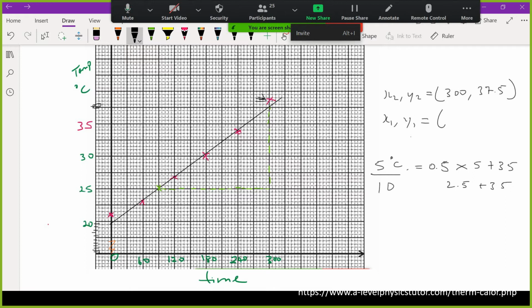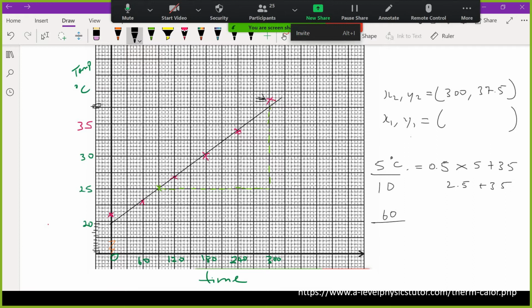If I can't easily identify what this line is, I'll do the same thing for finding my x1 value. What if I don't know what one of these boxes represents in between here? All I would do is ask, how much am I going up by? I'm going up by 60. For every 2 centimeters, that is 60 seconds.